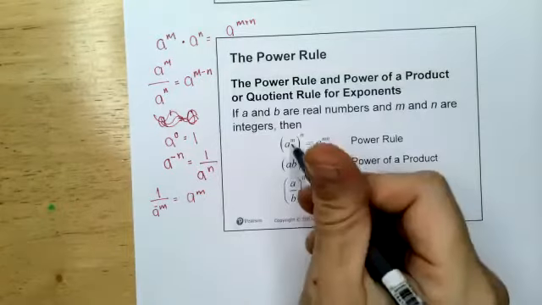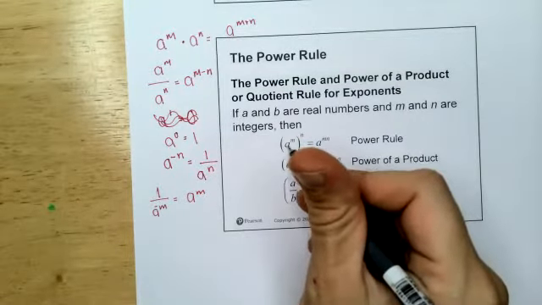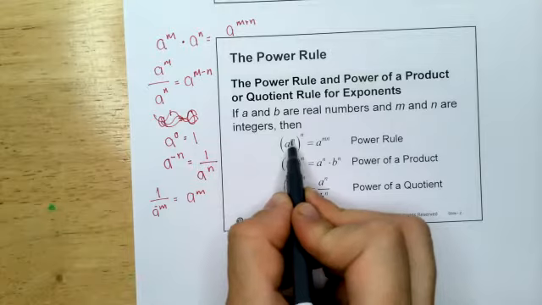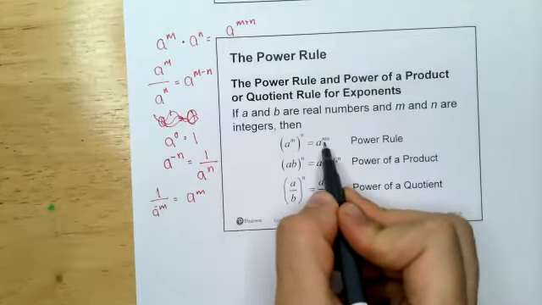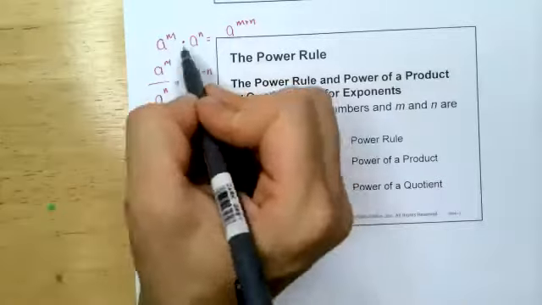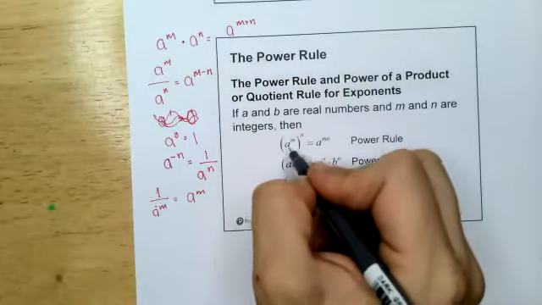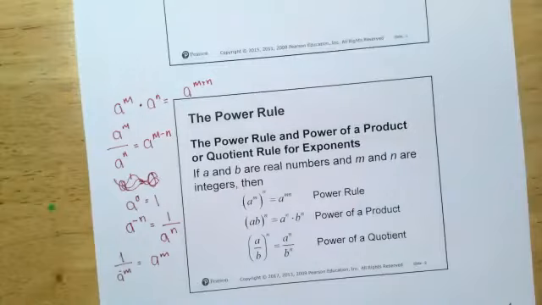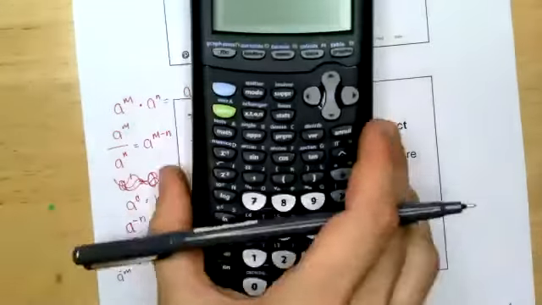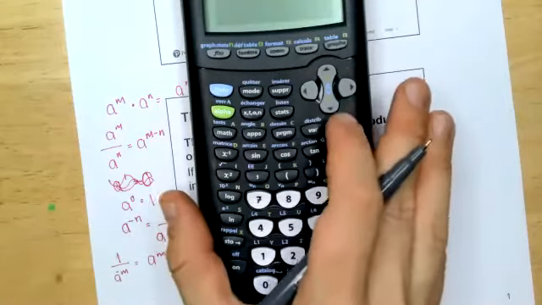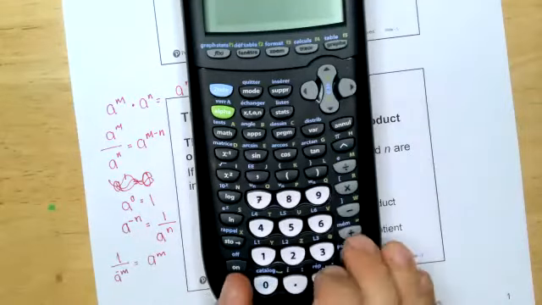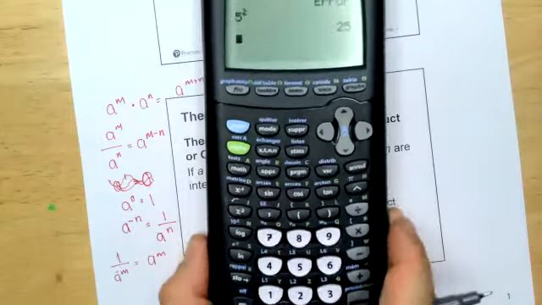Now we're just adding that if you raise a base to a power to another power, you're not going to add them. That's not the same as multiplying them. Okay, 5 squared is 25, right?